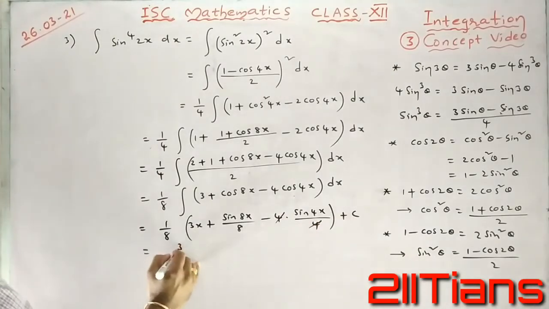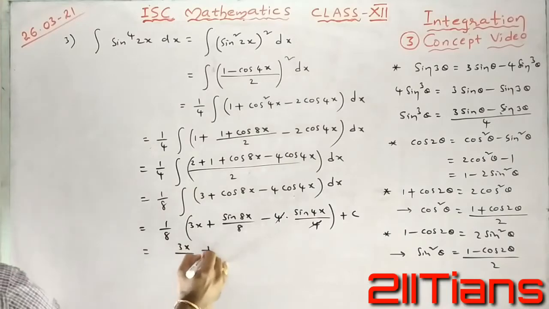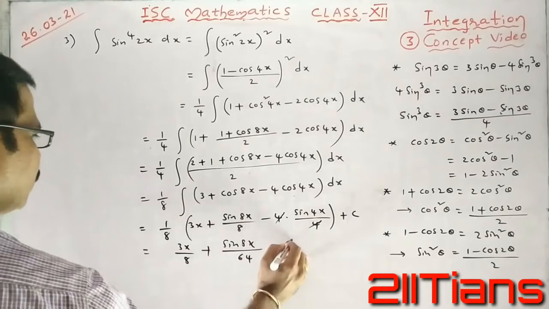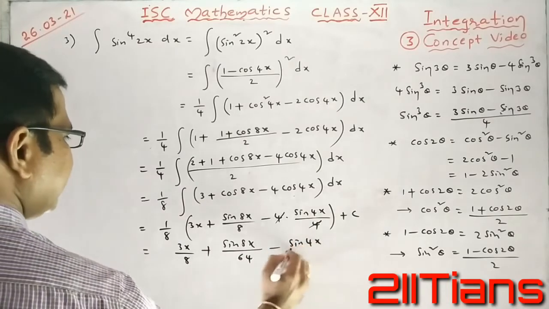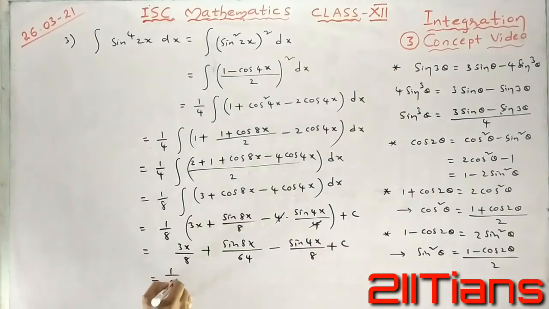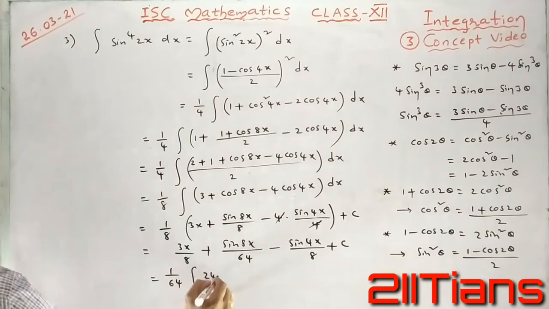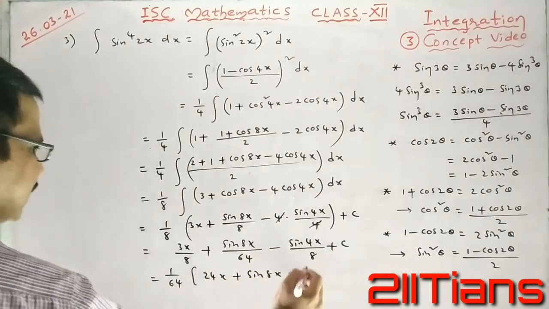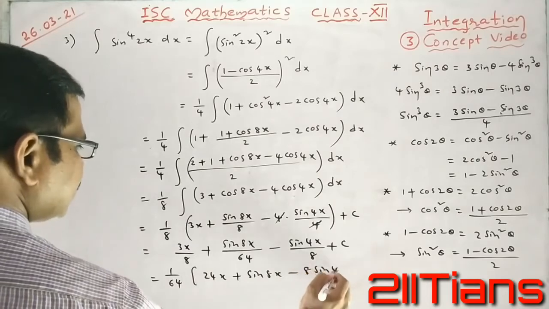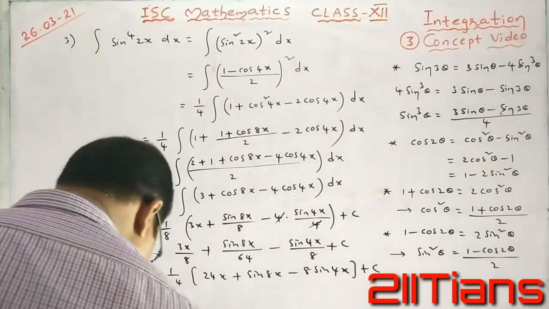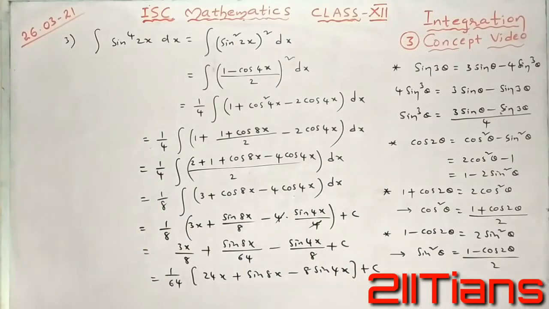So we will get 3x upon 8 plus sin 8x upon 64 minus sin 4x upon 8 plus c. If you take LCM, we will get 1 by 64 times 24x plus sin 8x, 8 8s are 64, minus 8 sin 4x plus c. Right? Hope it is clear. That is the final answer.